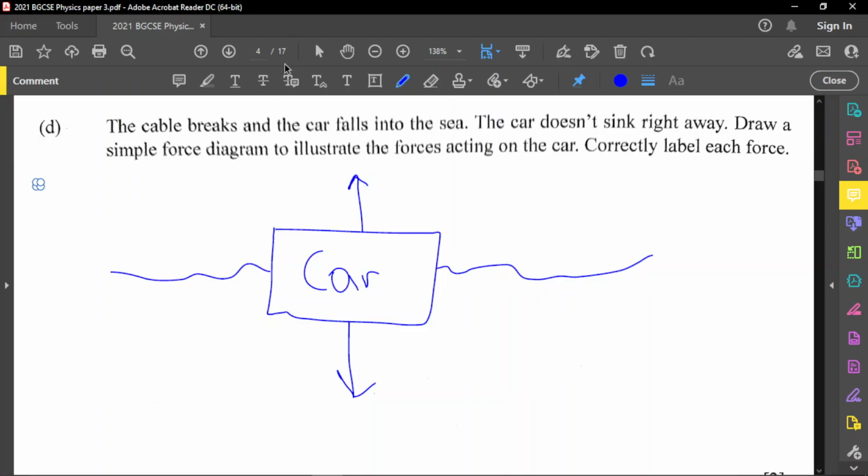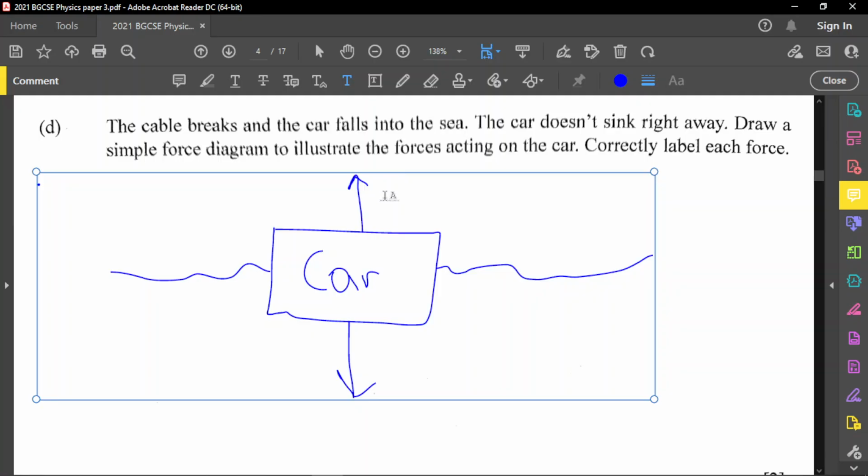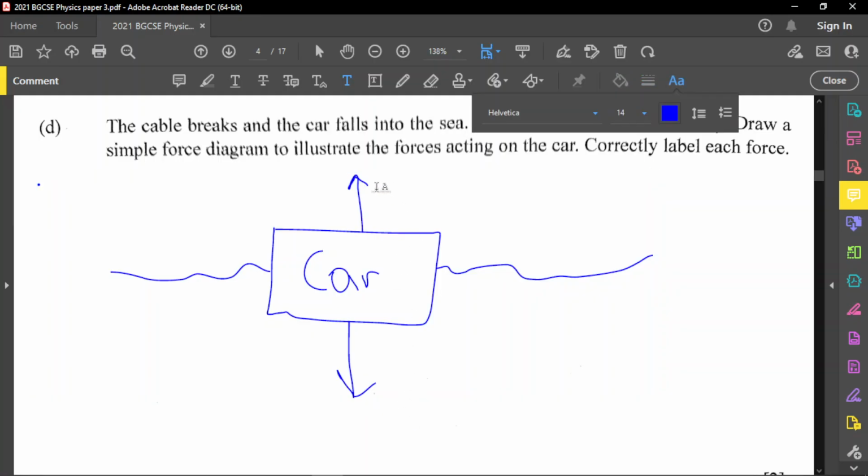And so here, let me just type this in. It will be the buoyant force, and that is generated because of the water. So this will be the buoyant force. You could put FB, uppercase F and a subscript B, as well.